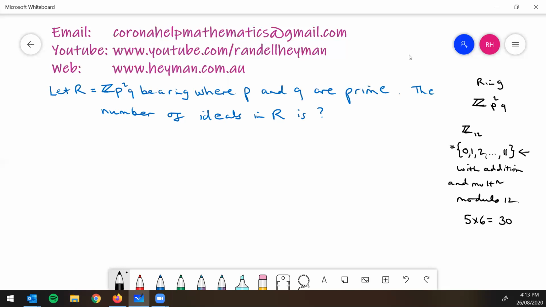But because we're in modulo 12, I might say, well, that's 24 plus 6, so I might just write that that's 6. So you need to understand that, and you need to understand what an ideal is. Basically, I'll go through it in a bit more detail in a sec, but it's a subset of R that has certain properties. Okay, so that was one of the first tips in what I did on the video.